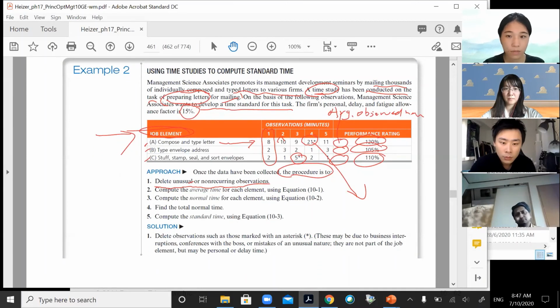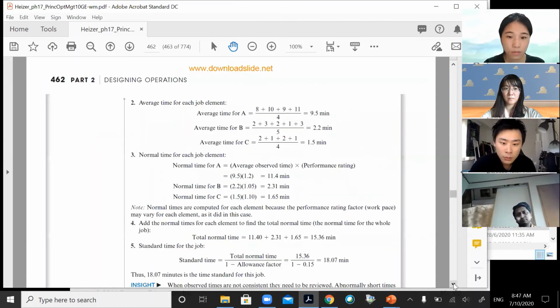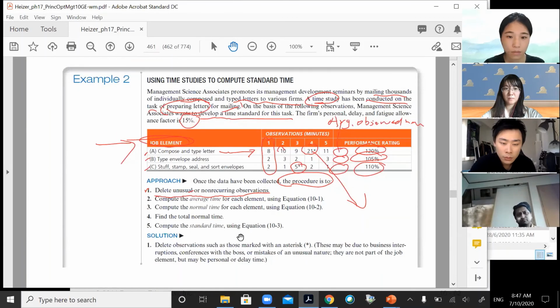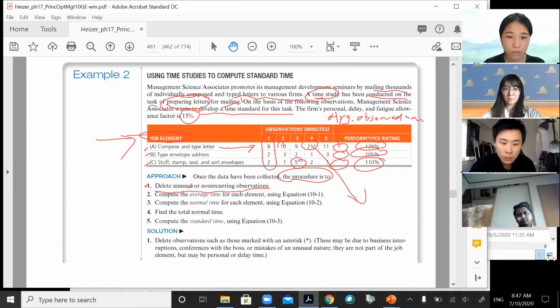So you can continue with this. The others are the same: compute average time, normal time, and then standard time. Only the number one: delete unusual or non-recurring observations. So number one is delete observations, those marked with the asterisk. That's why it's deleted.